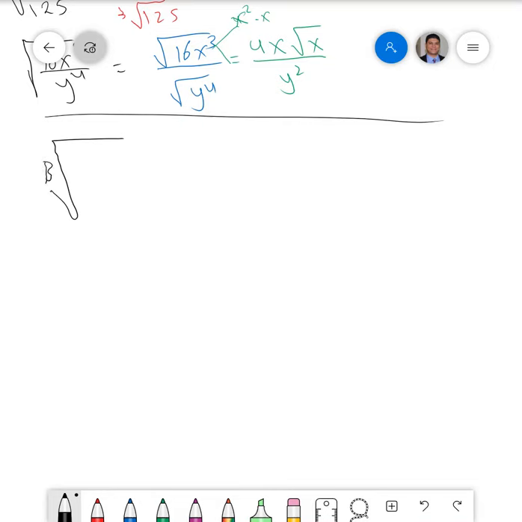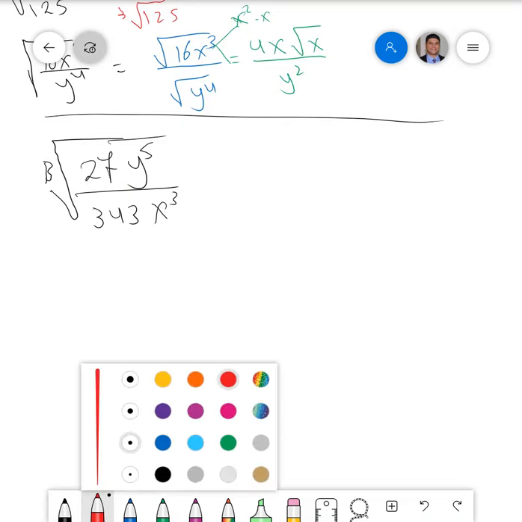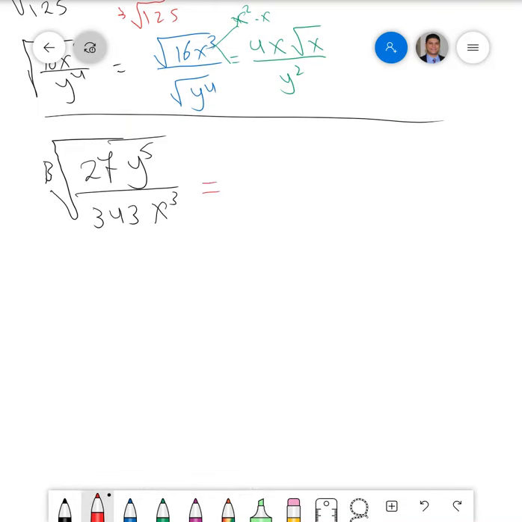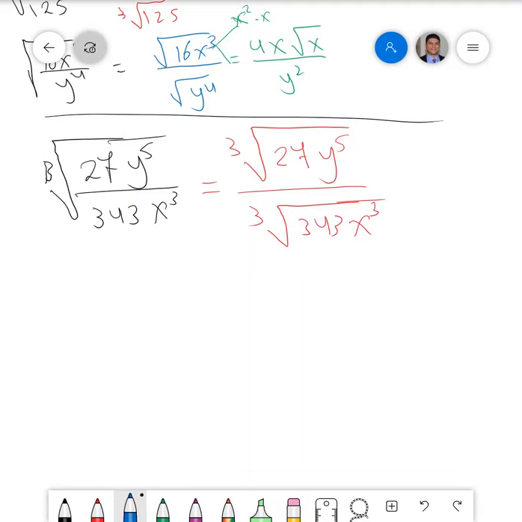Another example. Third root of 27y to the power of 5 over 343 x to the power of 3. Now we can distribute the root, so it will be the third root of 27y to the power of 5 over the third root of 343 x to the power of 3, and we know that we have to look for a perfect cube.